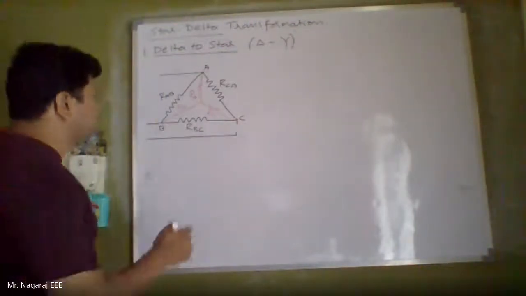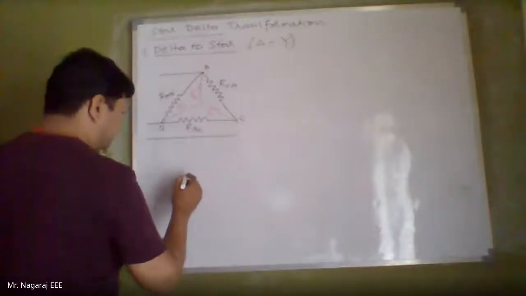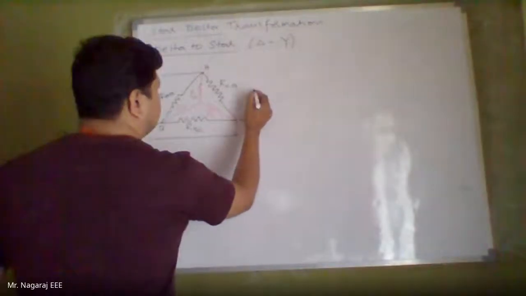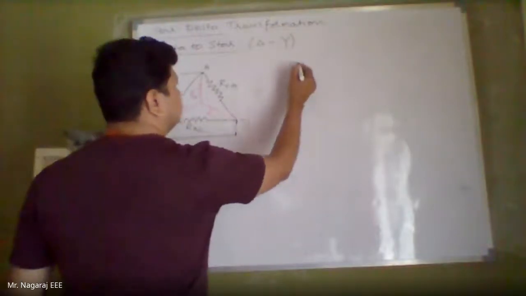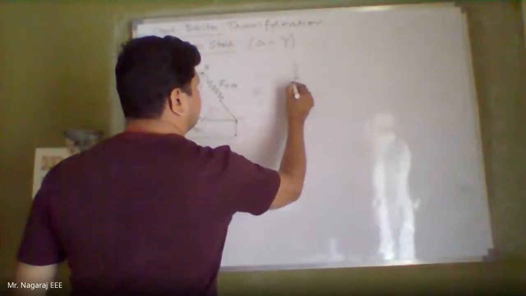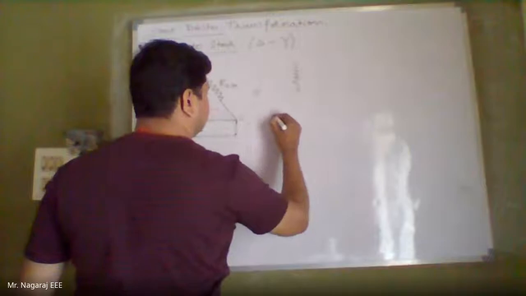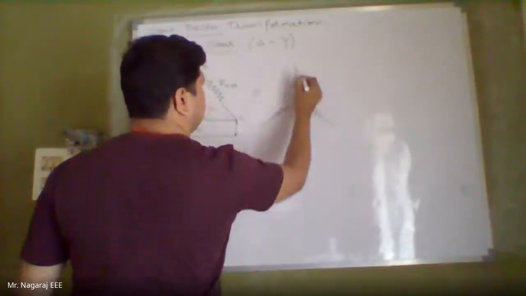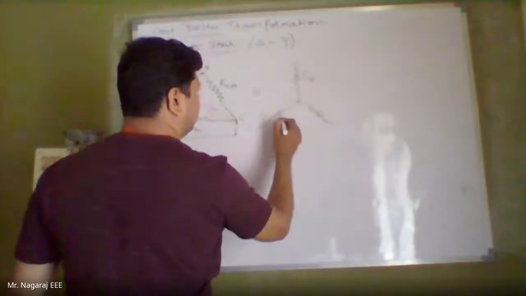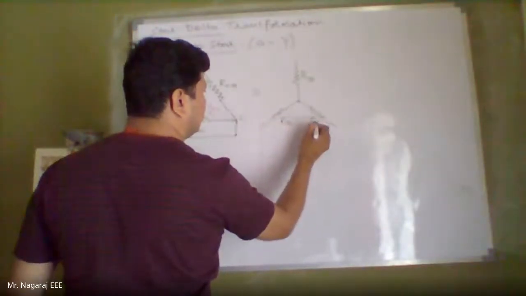First, I will draw the star connected network, with RA, RB, and RC.